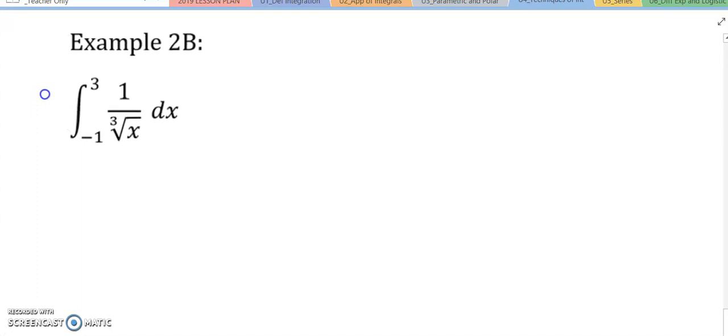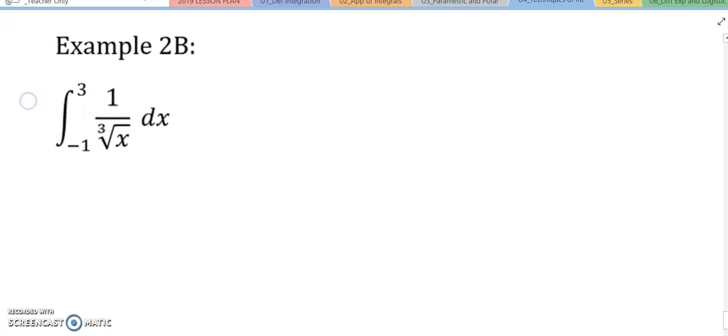Our final example today is going to look at where we have a discontinuity in the middle of the interval. Looking at the function 1 over the cube root of x, you might notice that x equals 0 will yield a discontinuity. And so because of that, what I'm going to have to do here is separate this out into 2 separate integrals, basically exposing that discontinuity as a limit of integration.